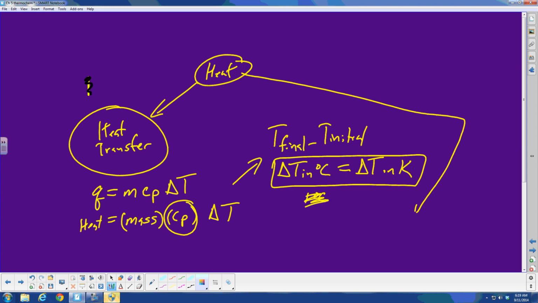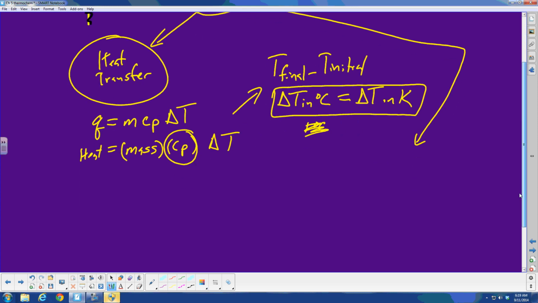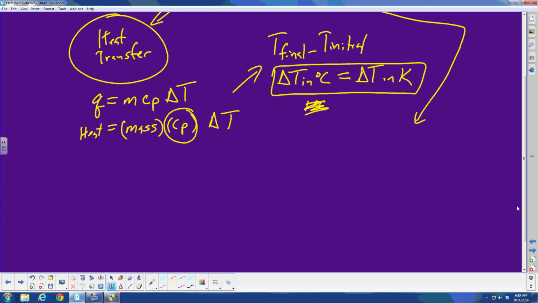I want to focus a little bit of our time here on this concept of specific heat. So let's come down here and write some notes on things related to specific heat. First, I want you to understand the concept of heat capacity. So what is heat capacity?